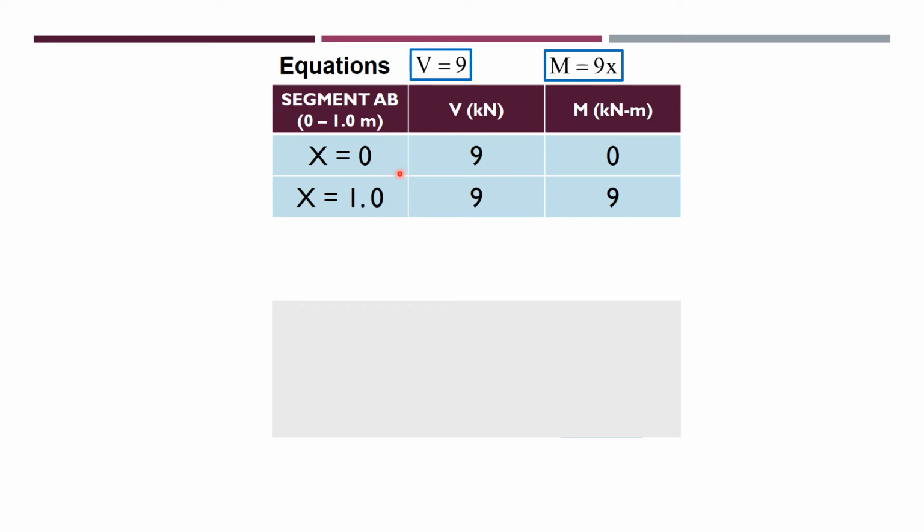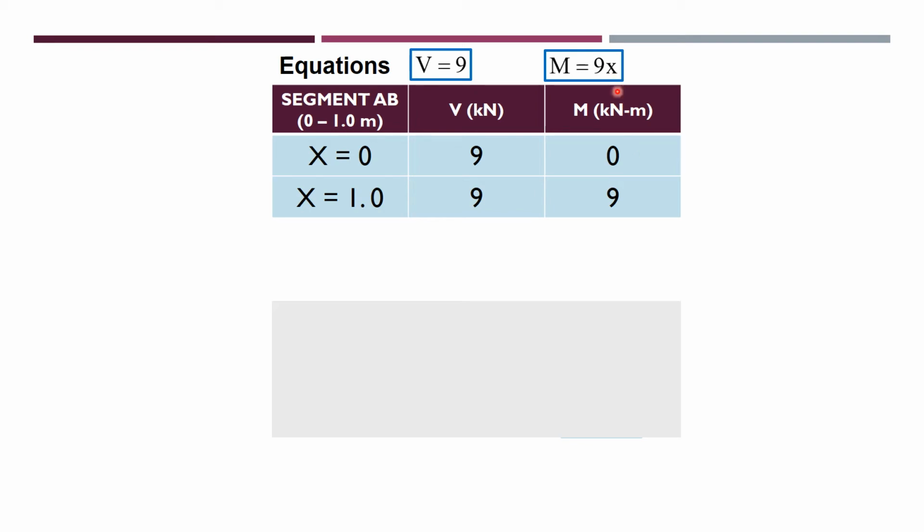And substituting or using the equations, ito ang values ng shear and moment for each value of x na ito. So, pag tinignan natin, we have here x equals 0. Since wala tayong x again dito as variable para mag-substitute nito, ibig sabihin, constant ang ating shear values between A and B. At dito tayo nagkaroon ng variable x, so that when x is 0, which is at point A, we have 0 moment.